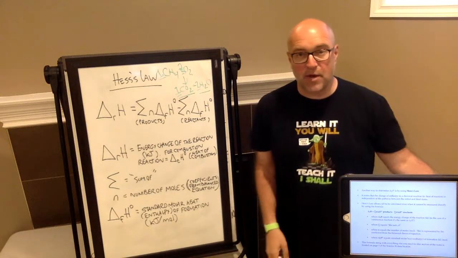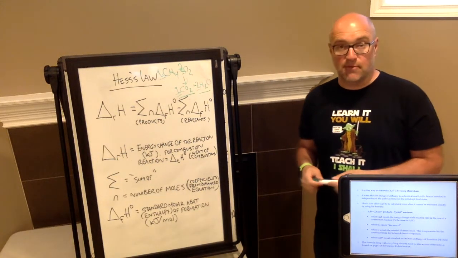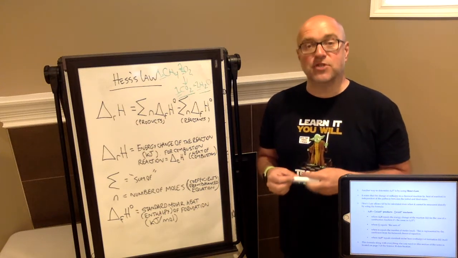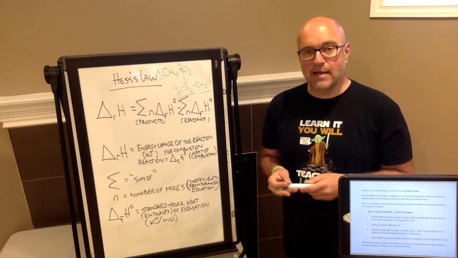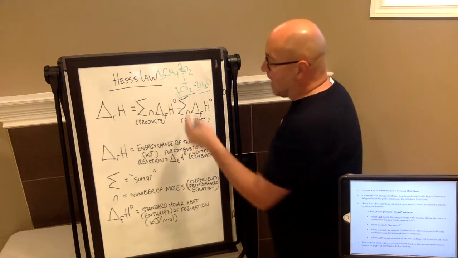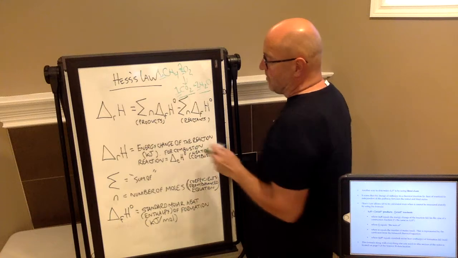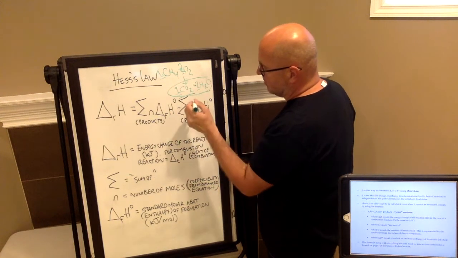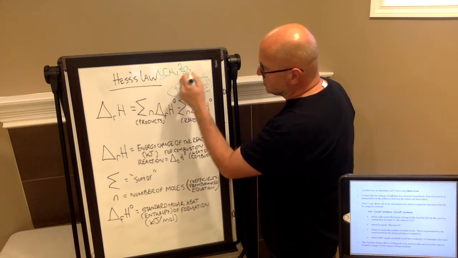That would give me the total amount of energy that's being either released or consumed by the carbon dioxide. I would do the same for the water, same for the methane, but again, my reactants are going to go on this side of the equation.